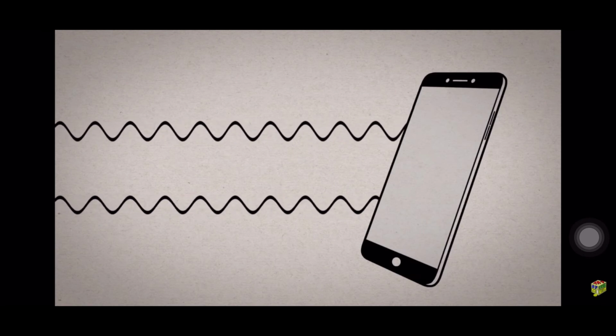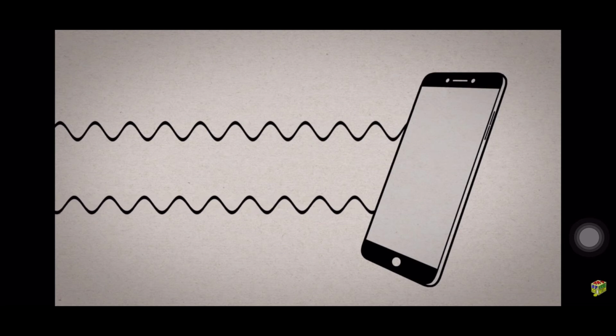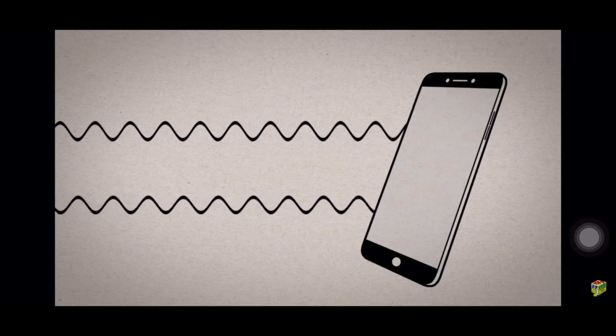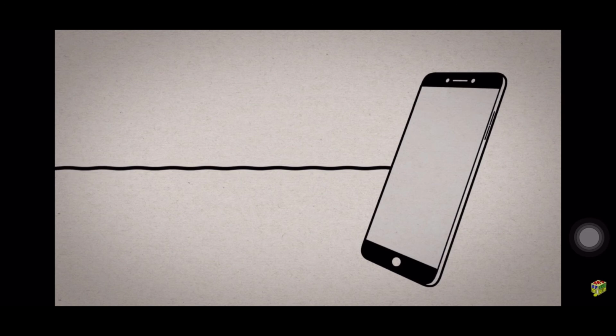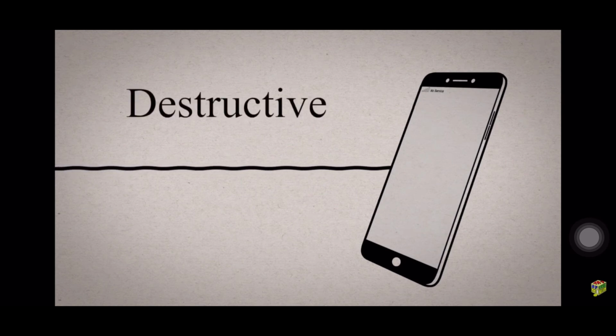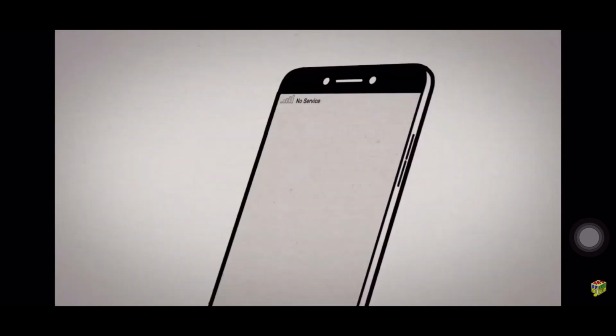This results in one wave being shifted in time compared to the other. We call this a phase shift. If two signals arrive and one is shifted exactly by half a wave cycle, they cancel each other out, resulting in a lost signal. This is known as destructive interference. It's the bad kind of interference.